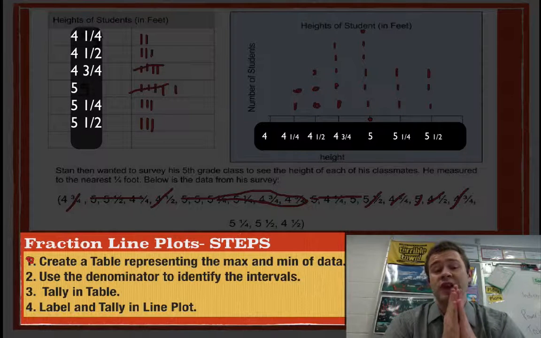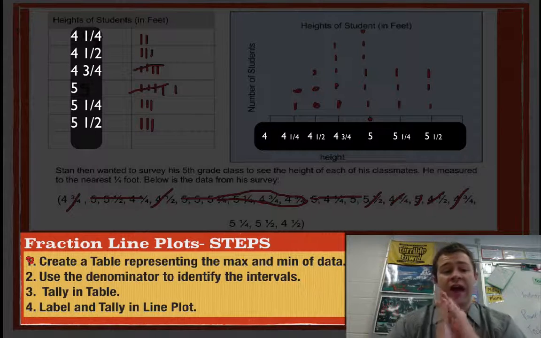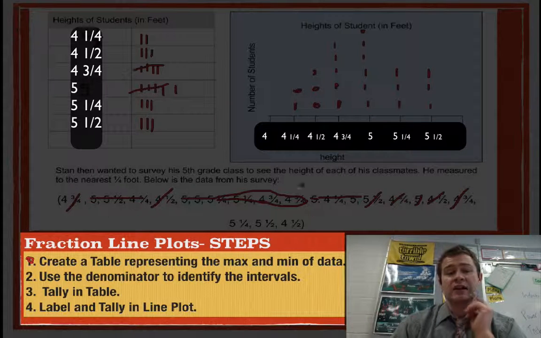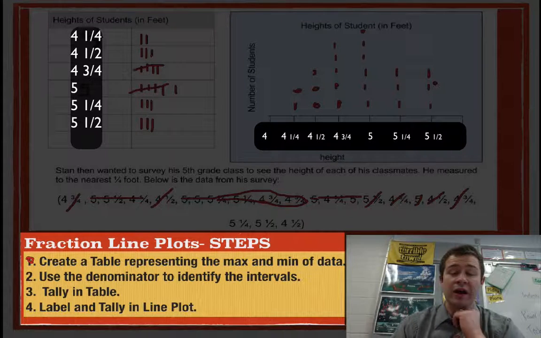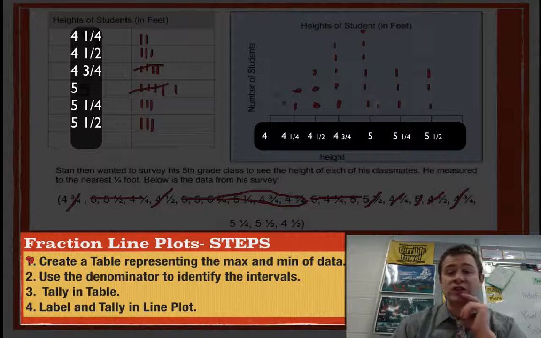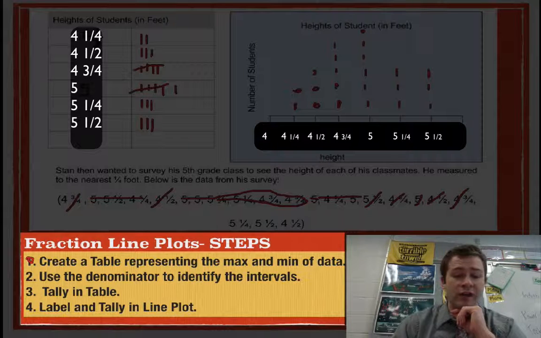So I'm using that denominator to help me out with my data. Then, as the numbers come, I can either create a tally sheet or I can go right ahead and start marking it in my line plot. So each time I see a 4 3/4, I put it in at 4 3/4. All right, so that's how we create a fraction line plot.